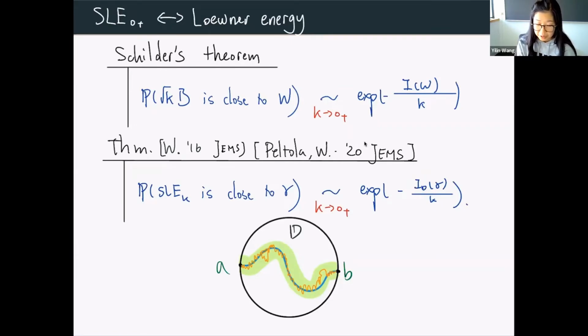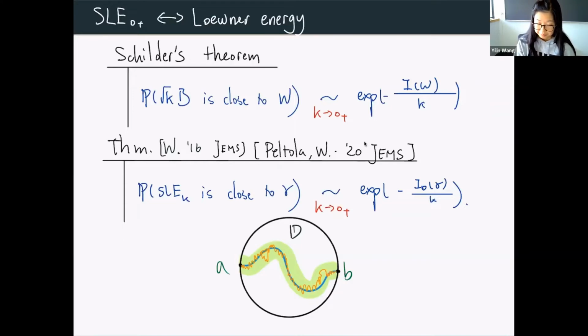And here, what being close means, what has been proved in this joint work with Peltola, is for the Hausdorff distance in the unit disk. This is the large deviation, but it is believed that for other finer topologies, this result should also hold.